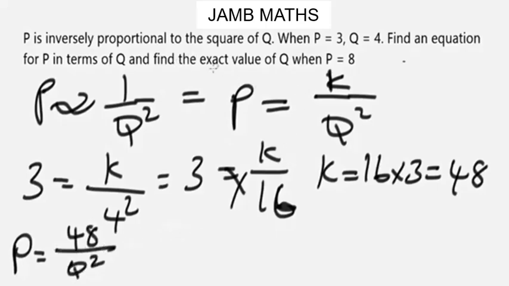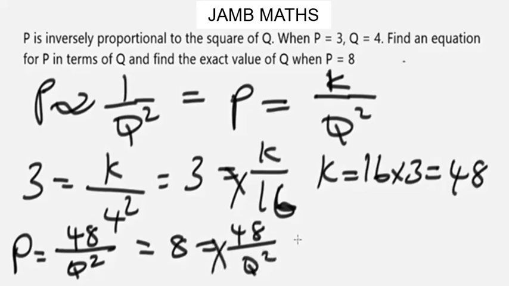Now we have to find the exact value of q when p is 8. This is very straightforward. Our p is 8 and we are looking for q. So we have 8 equals 48 over q squared. When we cross multiply, we're going to have 8q squared equals 48.